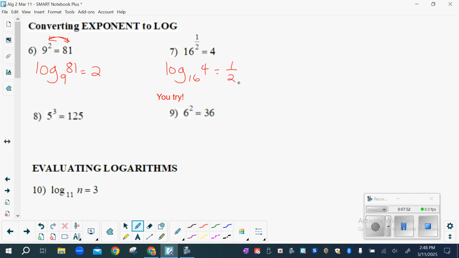So that exponent is your answer, the 1/2, and again, we switch those two. So next one, number 8. All right, let me write that in log form, number 8.